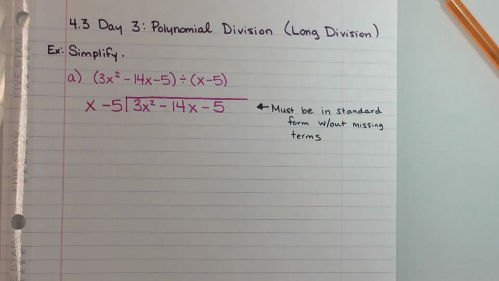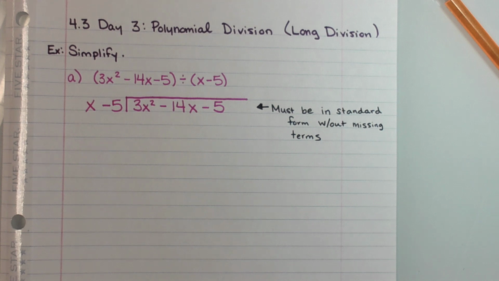What you're dividing by still goes to the left, and it holds the same requirements. Has to be in standard form. You don't want any missing terms. We are not going to deal with a whole lot of larger polynomials to where missing terms can be an option, but you do at least have to recognize that that's a thing.